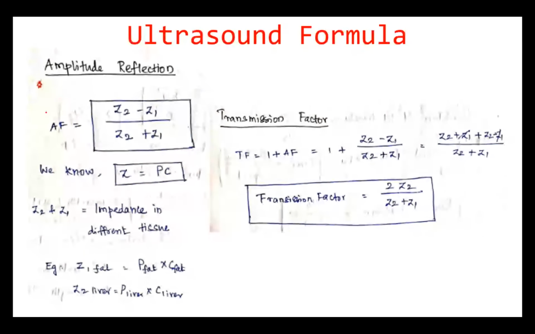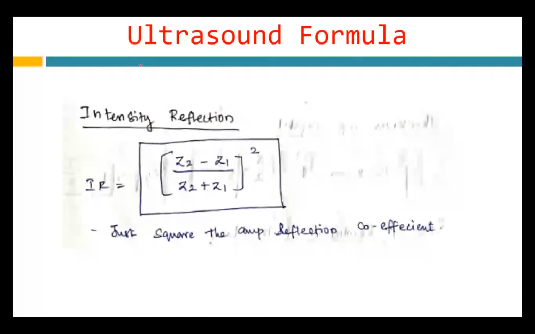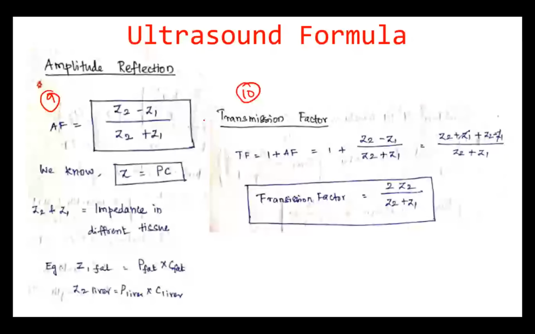Okay, so this is amplitude reflection and transmission factor, and we have the transmission and reflection coefficient. If you just square it, you get intensity reflection. Here Z is the impedance.